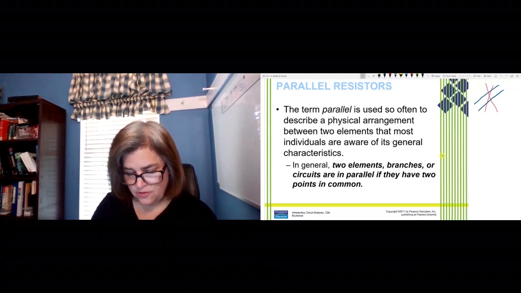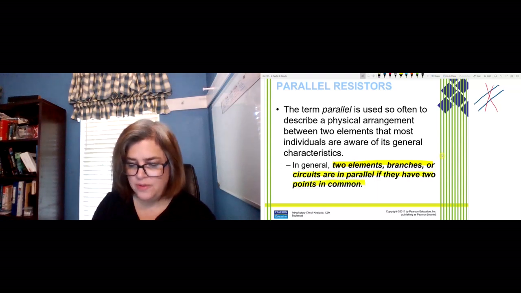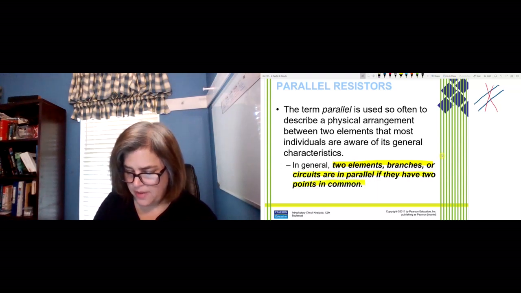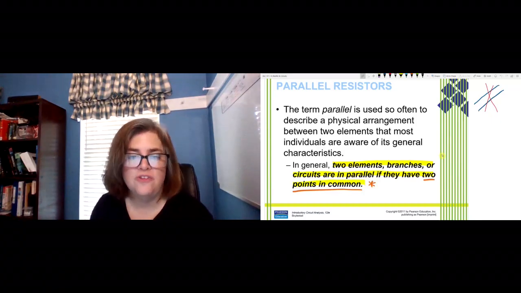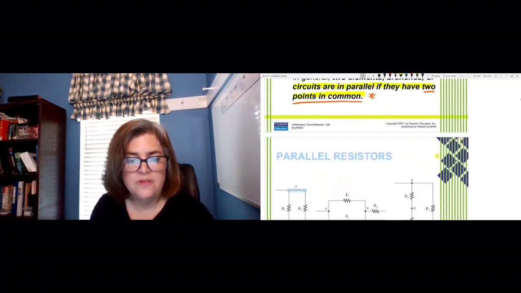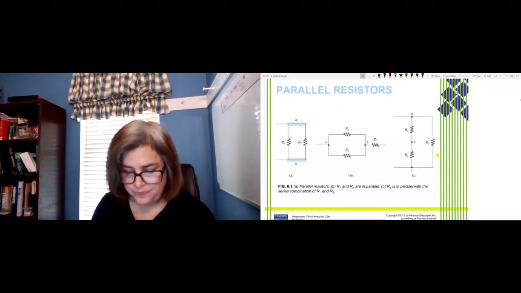Parallel actually is when we have two elements or branches or circuits that have 2 points in common. That's going to be the main way you tell if you have a parallel connection between your elements. So what do we mean by that?